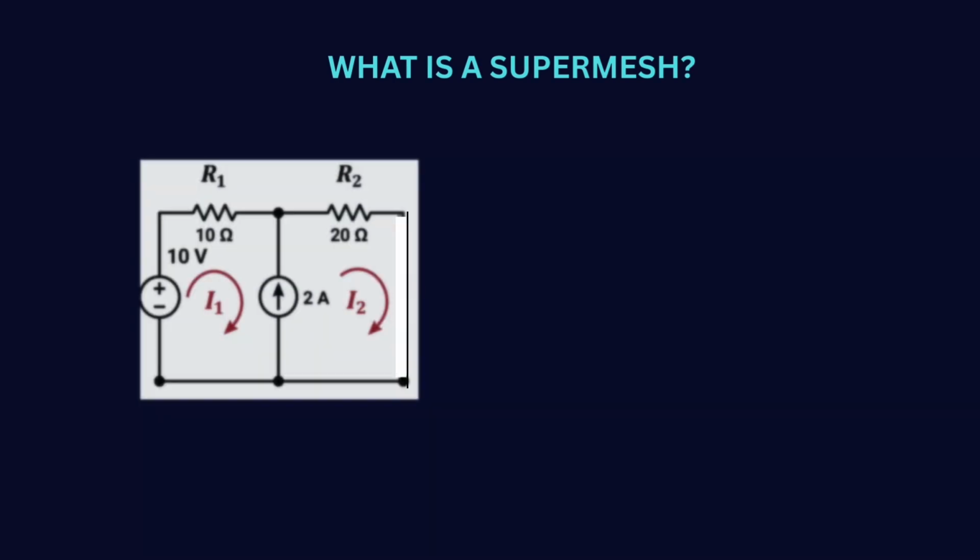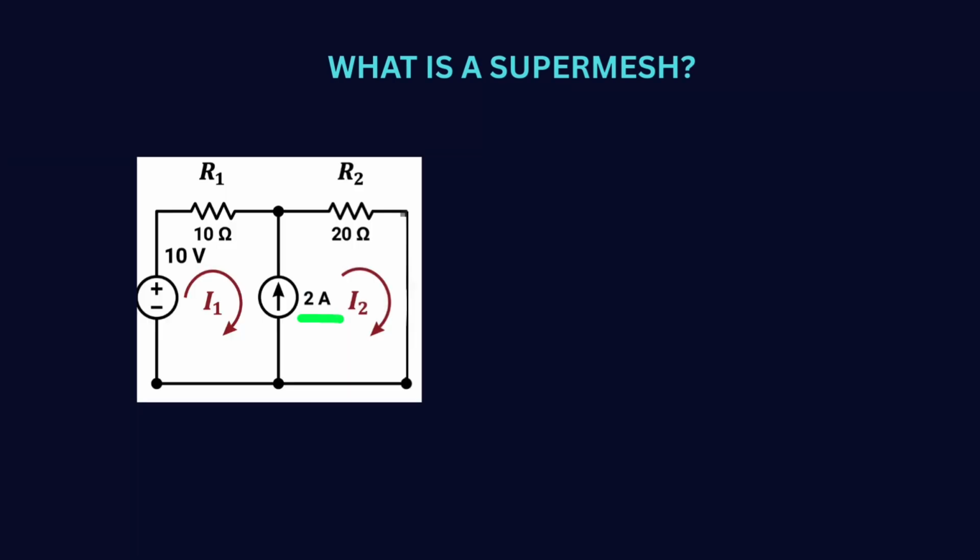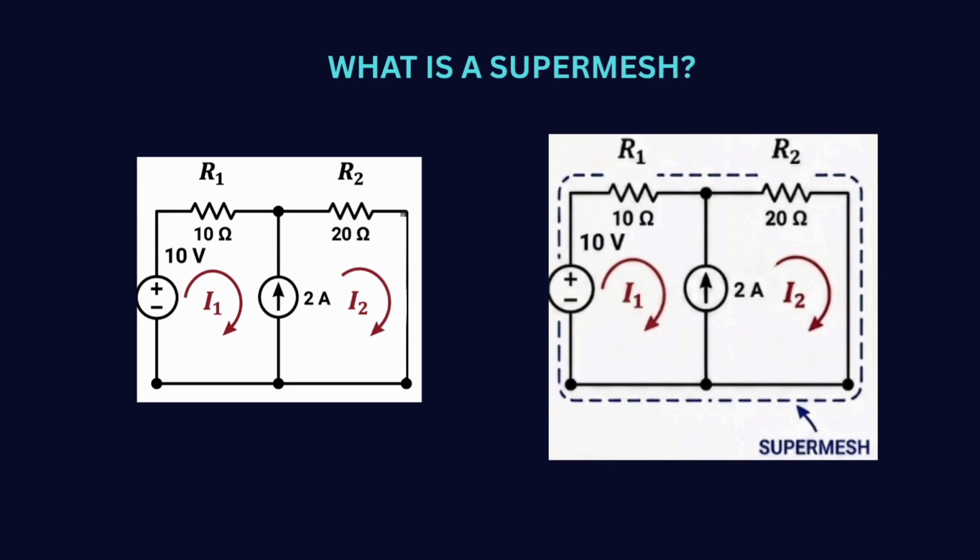Next, let us understand what a supermesh is. A current source is connected between two adjacent meshes. Since the voltage across the current source is unknown, we cannot directly apply KVL around those individual meshes. Instead, we combine the two meshes into one larger loop. This larger loop is called a supermesh.